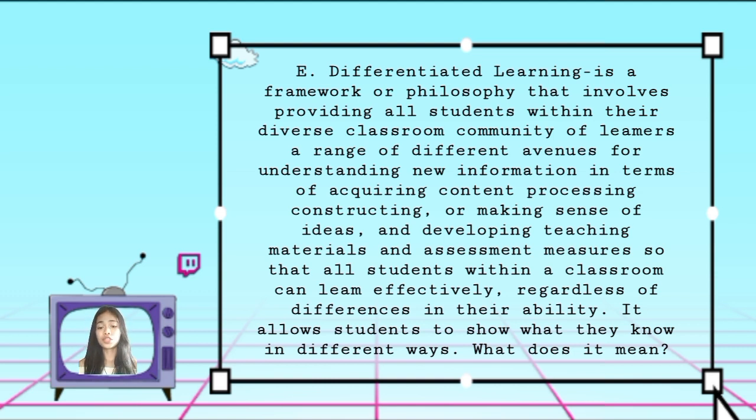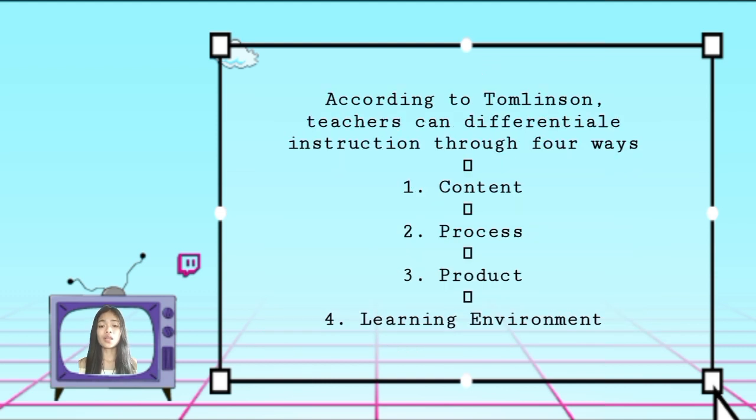So differentiated learning aims to create an inclusive and supportive learning environment where all students can thrive and reach their full potential regardless of their backgrounds or abilities. Now, according to Tomlinson, teachers can differentiate instruction in four ways.